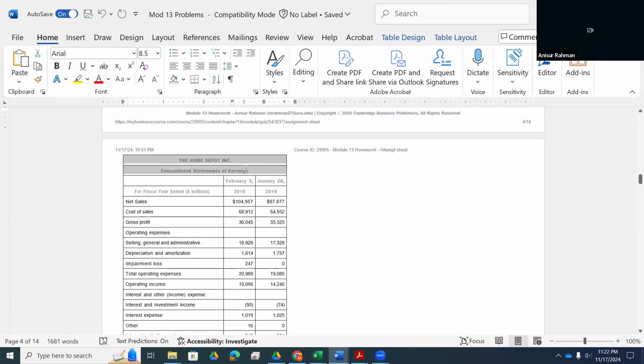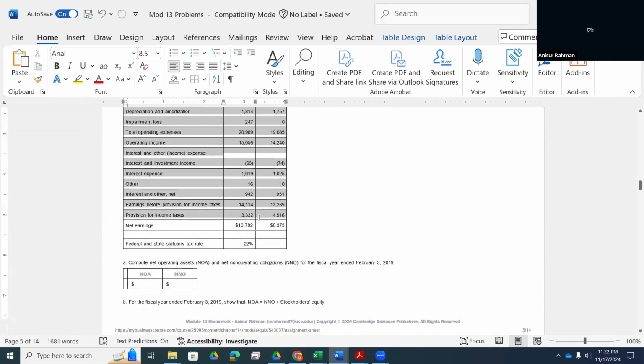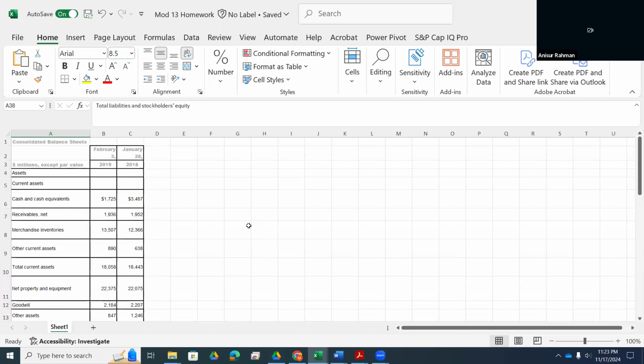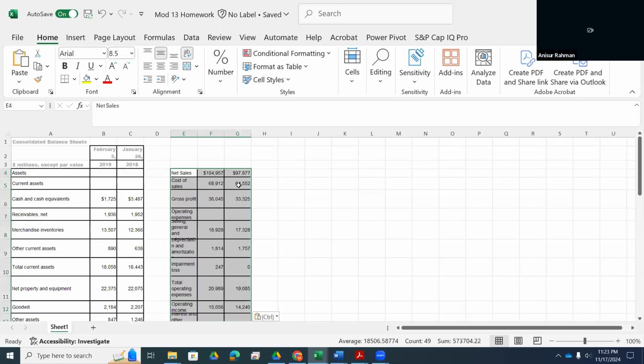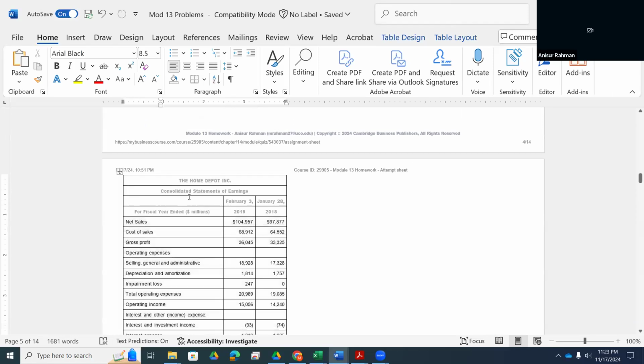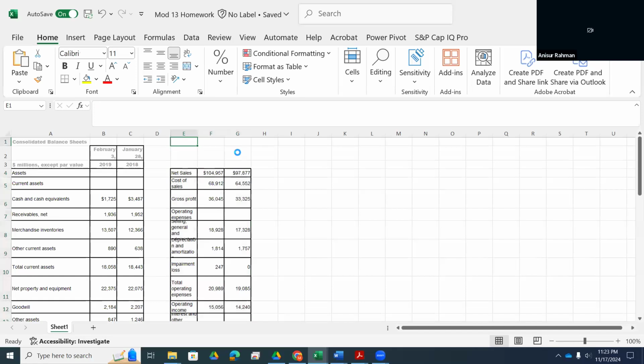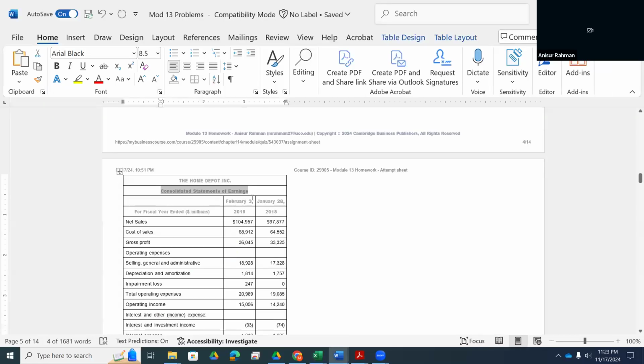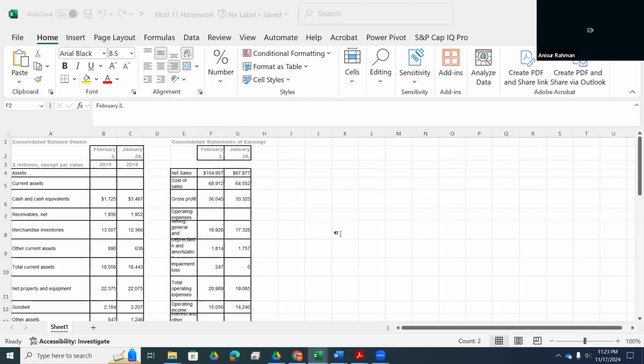Now the consolidated statement of earnings. I'll copy from here to this, and let's say paste here. And again, copy just the text. Highlight, Control C will copy.